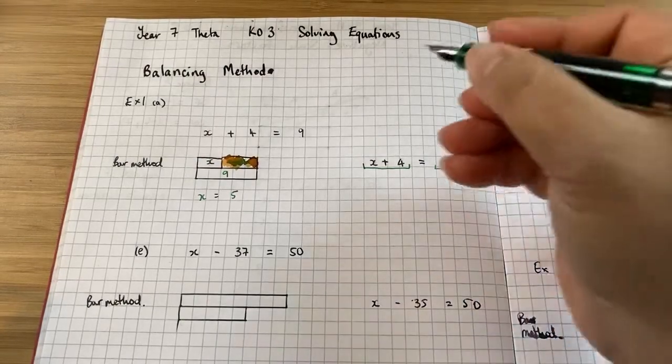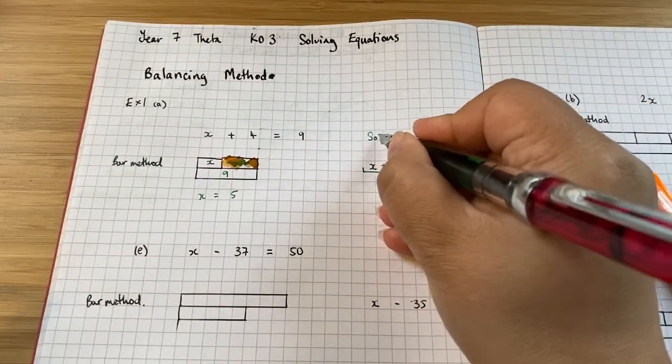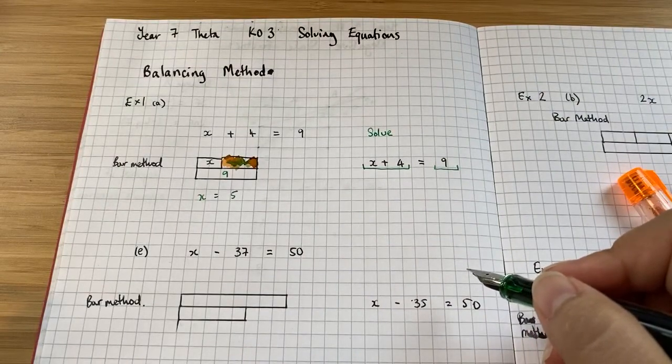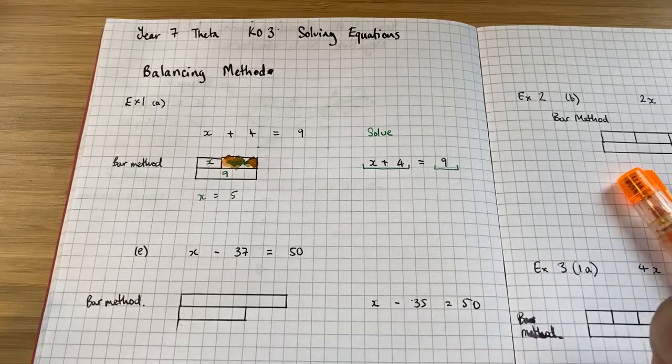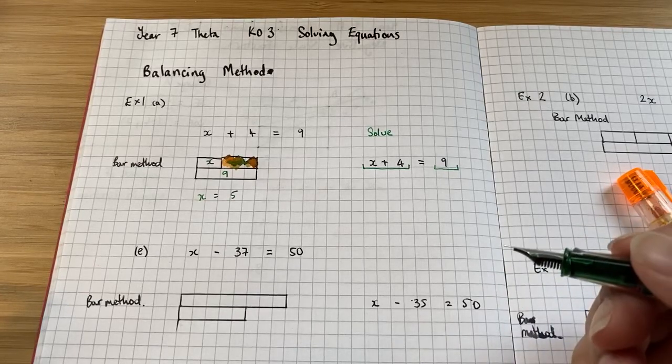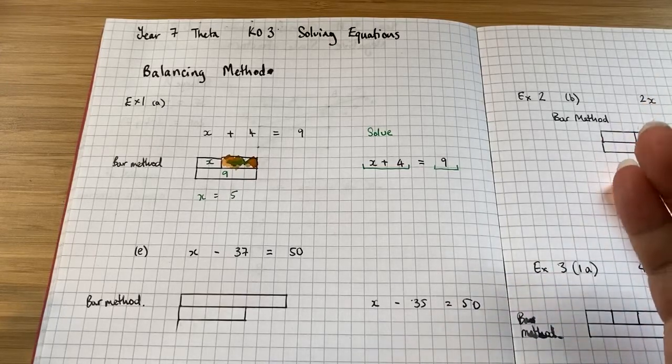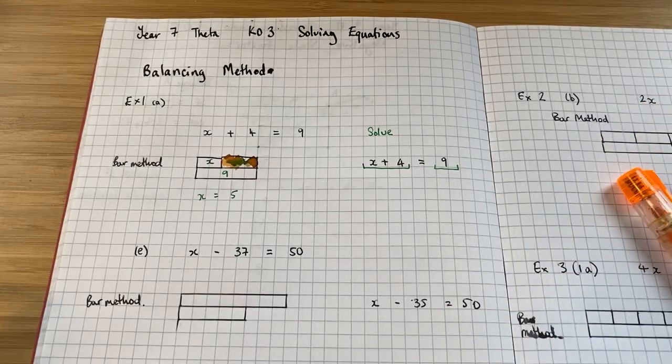Now, solving means to work out the value of that letter. We want to work out x. So in order to do that, we want x on its own. We want x on its own on the left hand side or the right hand side in order to work out what it actually is. So in order to do that, we need to get rid of the other parts, the other terms in the equation.